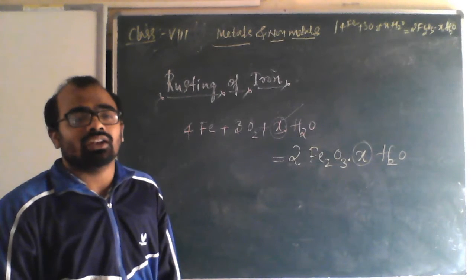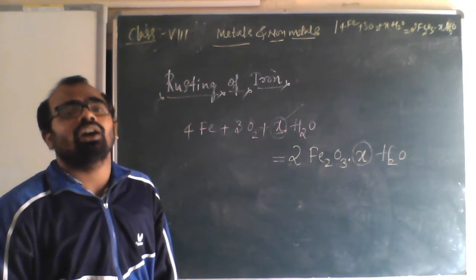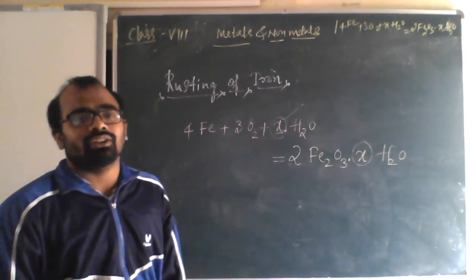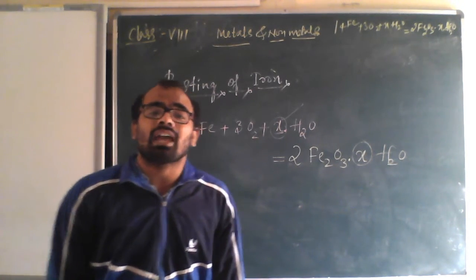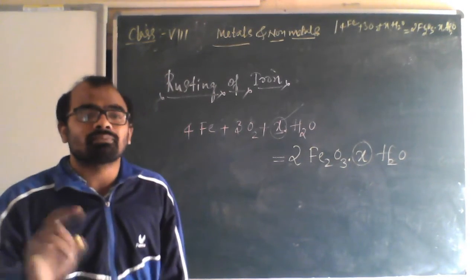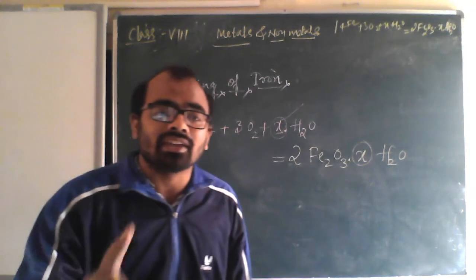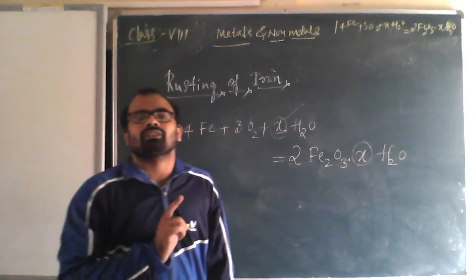When the iron is kept open to the air, it reacts with the air and moisture content of the air. Hence, a yellow colored layer is formed on the surface of iron. You have to remember this.